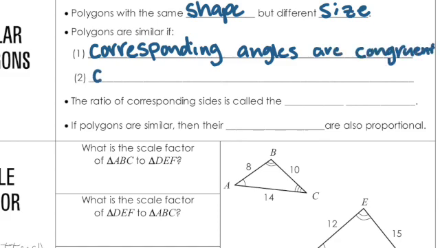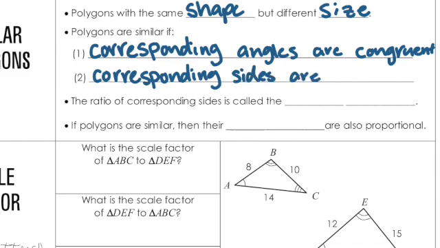And two, corresponding sides are proportional. Because remember, they're not the same size. So the sides can't be congruent. They have to be proportional. So corresponding sides are proportional. Okay?